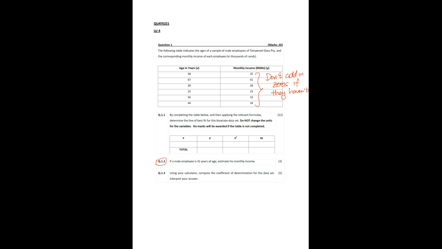Okay, so they've given you here the figures. So that was the age and the monthly income.